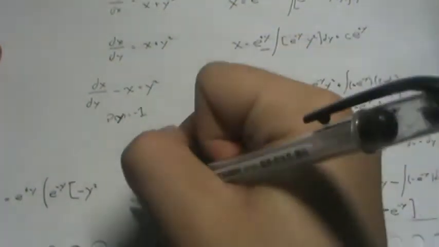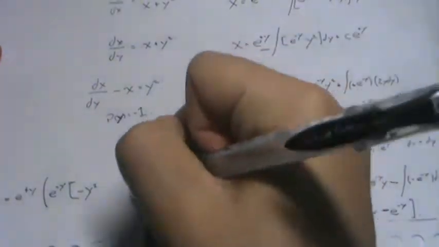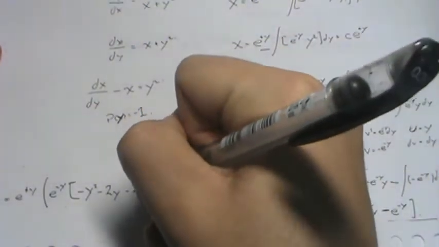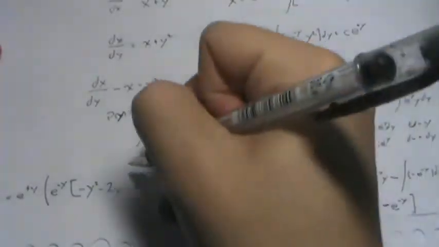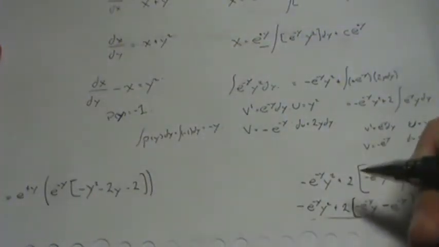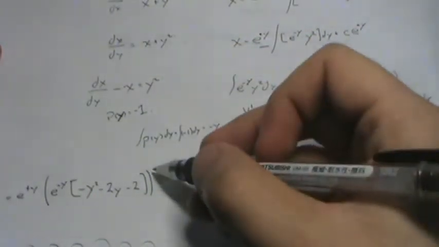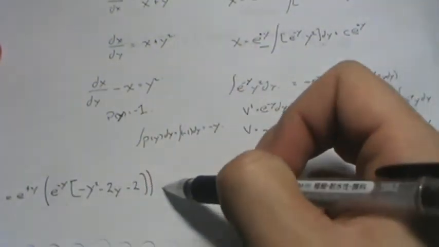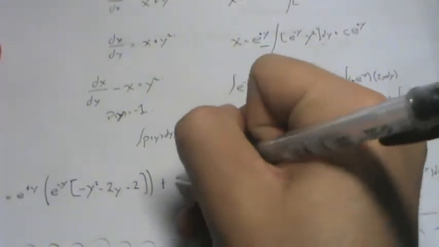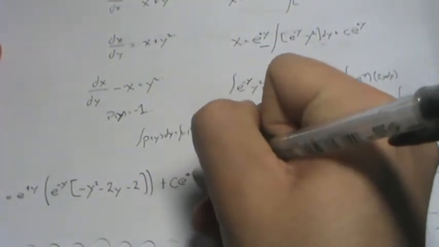So we will have minus y squared minus 2y minus 2. Okay? And now this is already over because this one is just this one in here, and plus c e to the plus y.